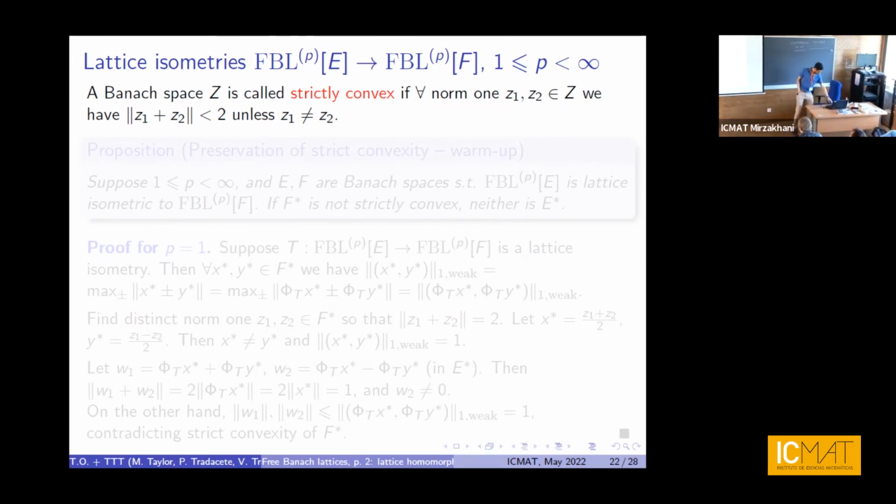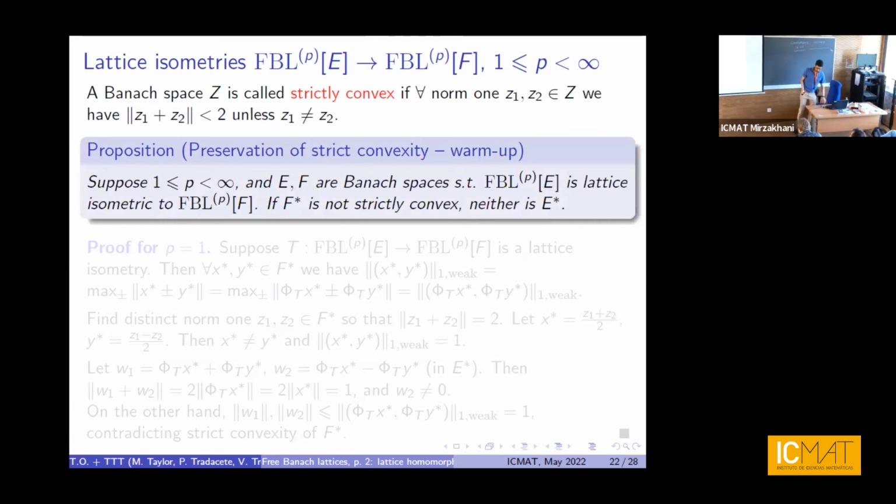So this is the definition, and as a warm-up, let me try to state this proposition. Let's suppose that we are in the p-convex case, where p is in the finite range. The p-free Banach lattices for E and F are lattice isometric.